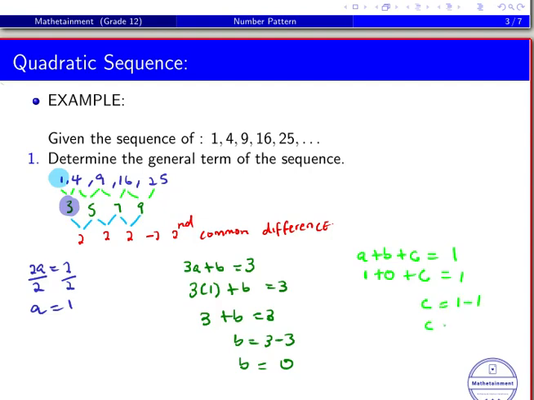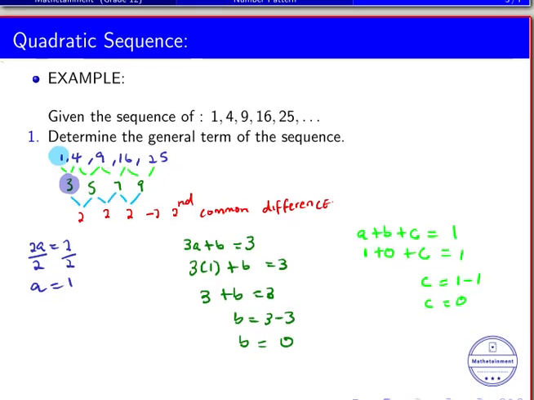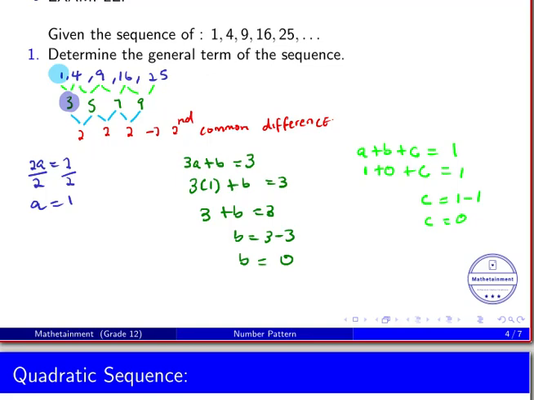Your c becomes 0. So going back to your general term, Tn is equal to an squared plus bn plus c.